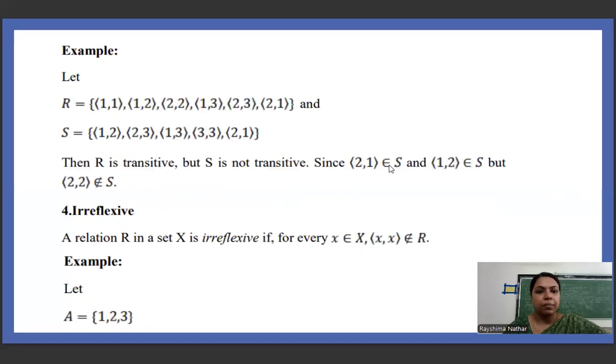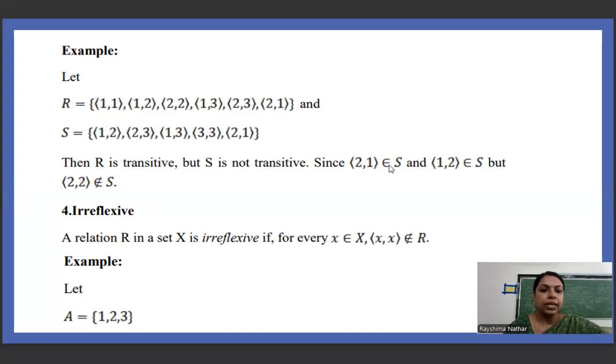Here is one example. Considering the two relations R and S, R is transitive but S is not transitive. This is because (2, 1) belongs to S and (1, 2) belongs to S, but the element (2, 2) does not exist in the same set.